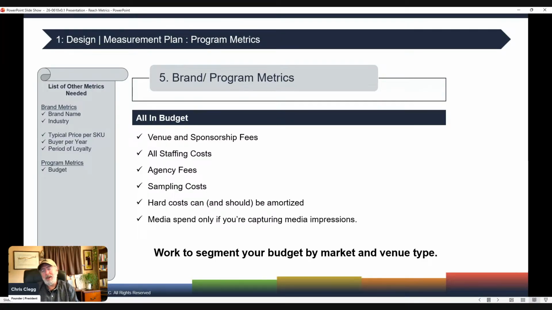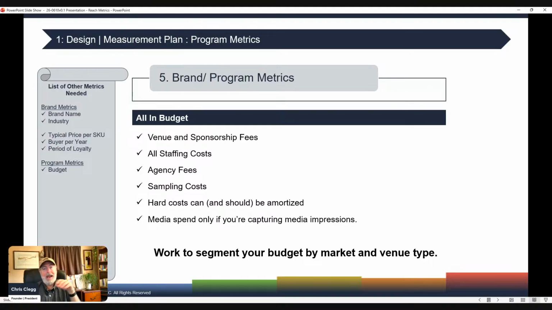And then if you're bringing in media impressions into your model, you want to include media spend. If you are not including media impressions in your ROI model, then you can exclude media spend. But these are the core metrics you're going to need to get your budget. Really, you should have your budget segmented by market and venue.